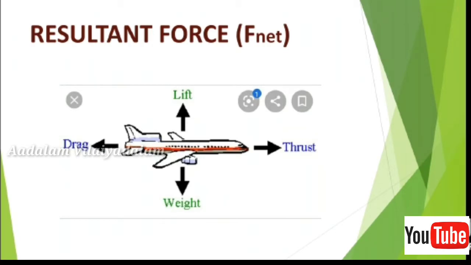That is, if two or more forces act on the same body, the total net effect of the forces is known as resultant force, and it is expressed as F net, F N E T.